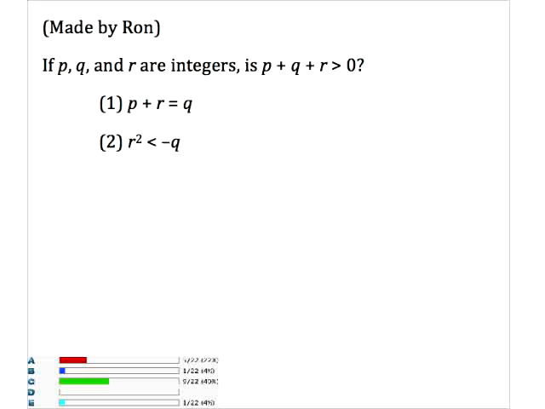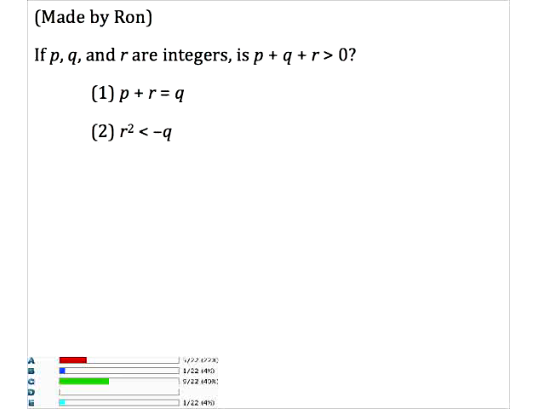So if P, Q, and R are integers, is P plus Q plus R greater than 0? Is the question. So again, notice this question is yes, no. When you get a yes-no question, you have the job description that we talked about in the last problem.